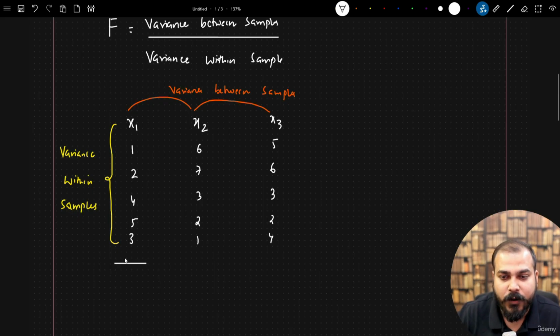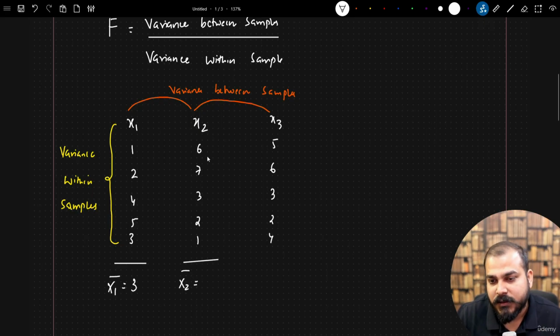Let's say that I have calculated the means. x1 bar is 1 plus 2 plus 4 plus 5 plus 3 divided by 5, which is nothing but 3. x2 bar is 7 plus 6 plus 3 plus 2 plus 1 divided by 5, quickly it is somewhere around 19 by 5. And similarly, x3 bar is 5 plus 6, 11, 14, 18, 20, and this will be nothing but 4.